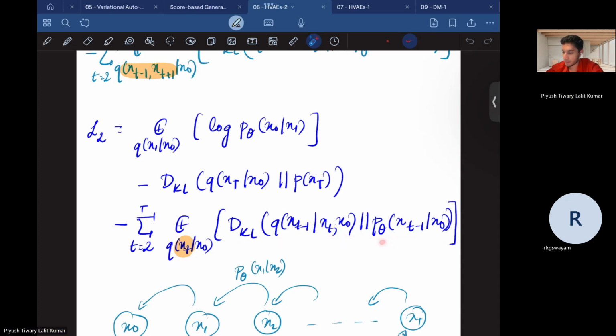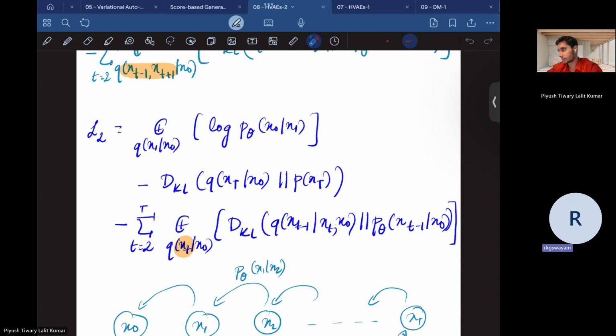So there is no repetition involved here. You just calculate this expectation, calculate this term, and backpropagate. That's it.